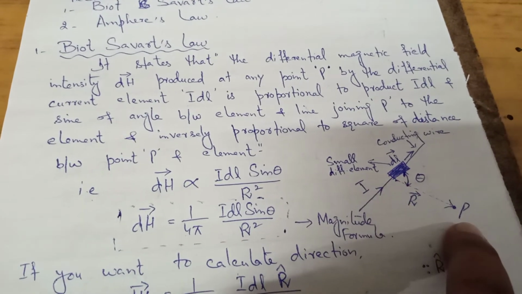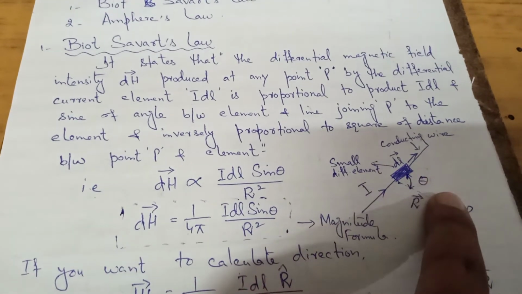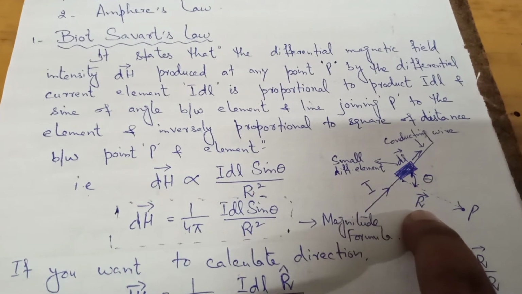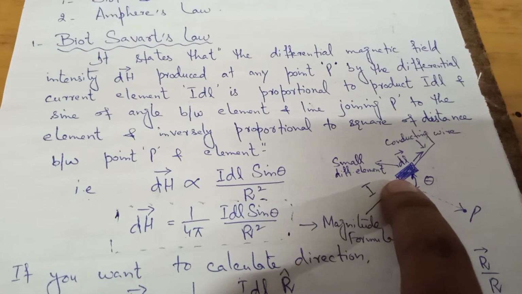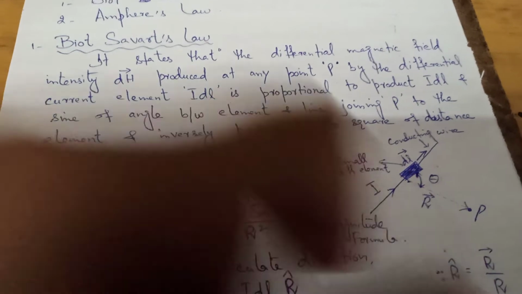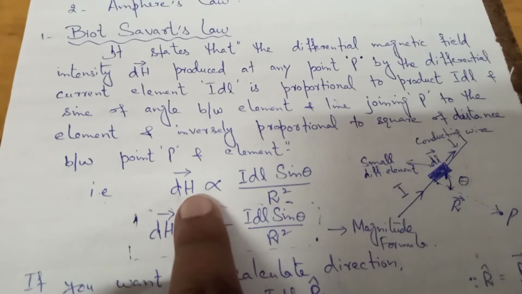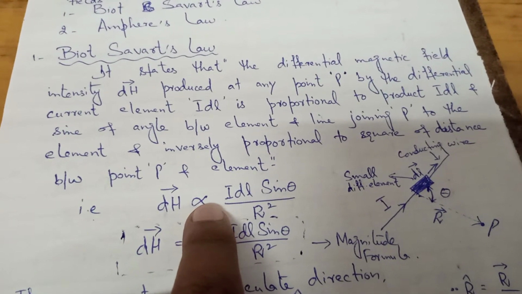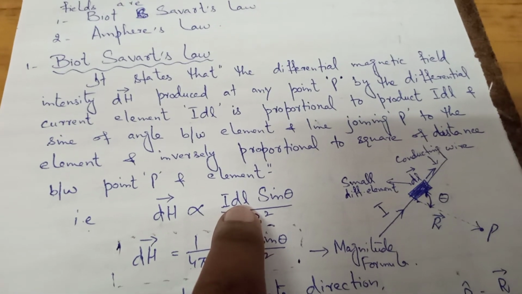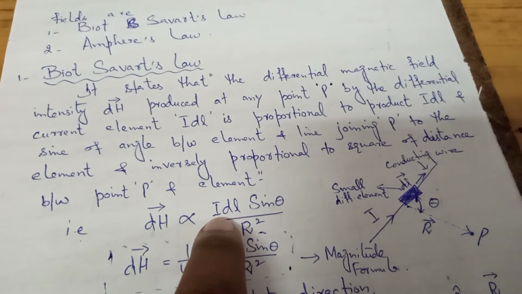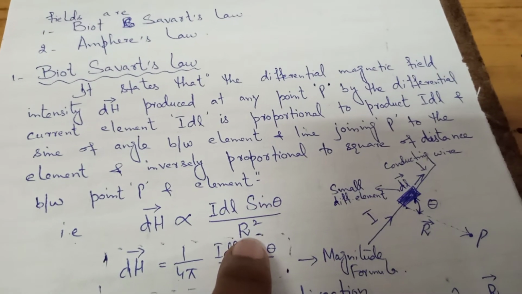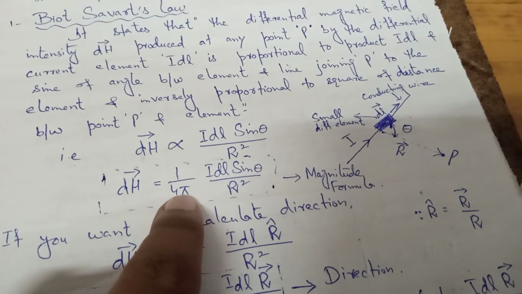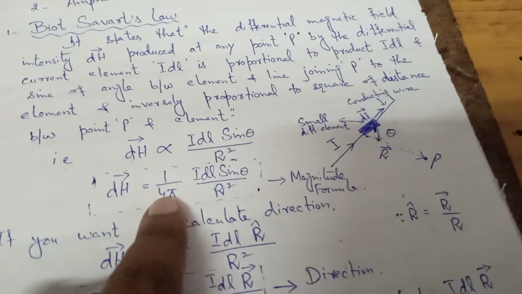If we have a point P, the angle between the element and the line to point P is theta, where R is the distance between the differential element and point P. So according to the statement, the differential magnetic field dH is proportional to the differential current element I dl sine theta over R square, where 1 over 4 pi is the proportionality constant.